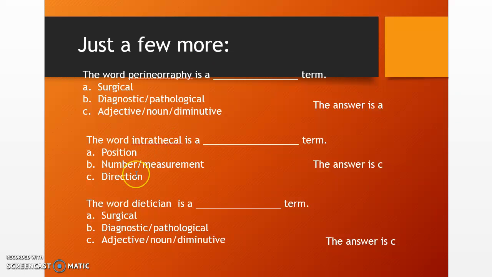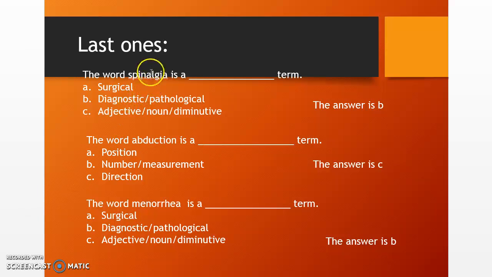And position, number, direction. So we're looking at the prefixes again, and this is going to be direction, intra, as you go through. So there's that. And then dietitian, surgical, diagnostic, or adjective, right? So here we go, we're looking at suffixes again. And this, of course, this is adjective, describing somebody who works on diets. A few more here. I'll let you go over these.